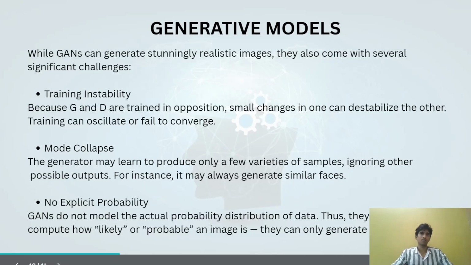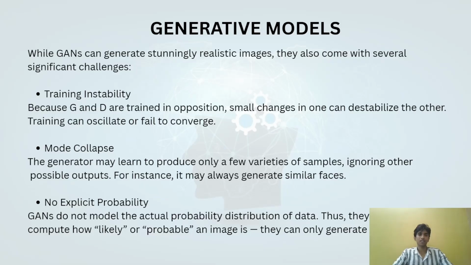Also, these generative adversarial networks do not actually give us the probability distribution of the data. What I mean is, we cannot find out whether the image we have gotten is similar to a face or not. We cannot get an explicit number which tells us whether or not this is similar to a real face. This is also a very big disadvantage, I would say.